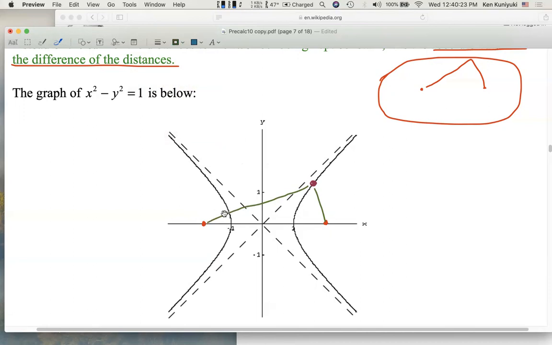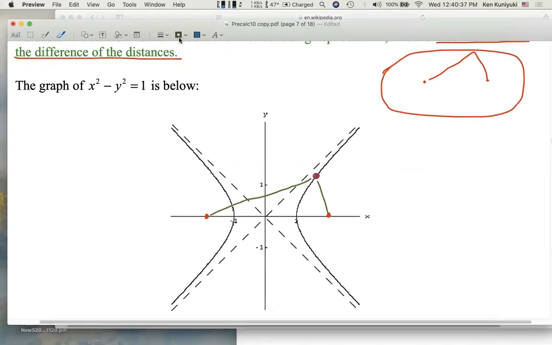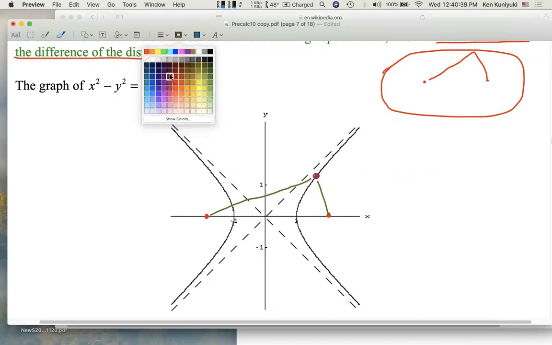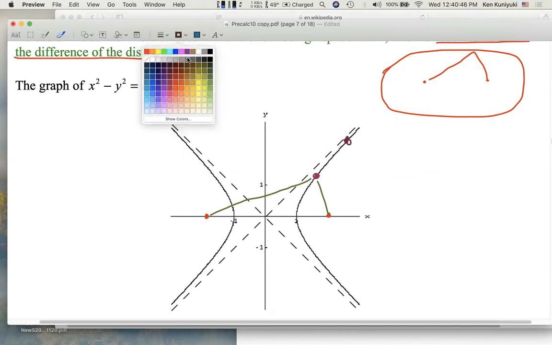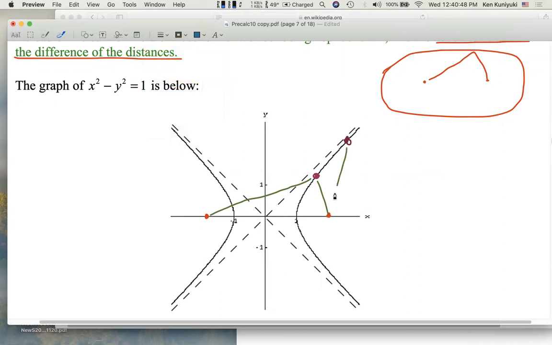Now, the difference between these distances will stay the same for the various points on this branch of the hyperbola. If you consider this point over here, consider its distance from both this focus and this focus. Again, the difference in the distances will remain constant on this branch.